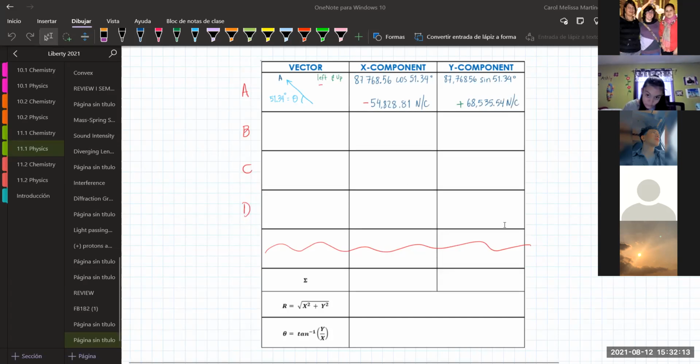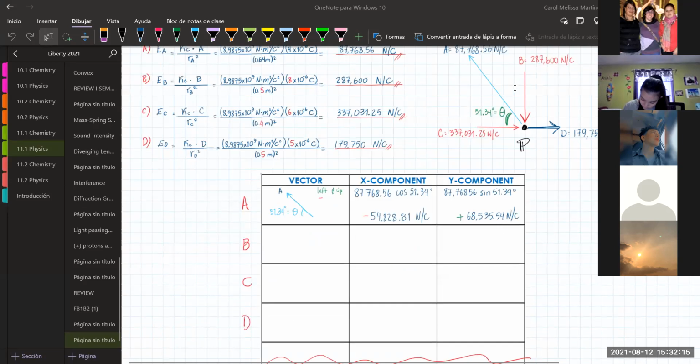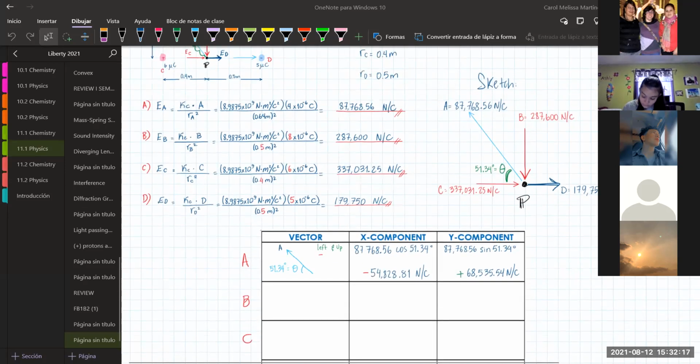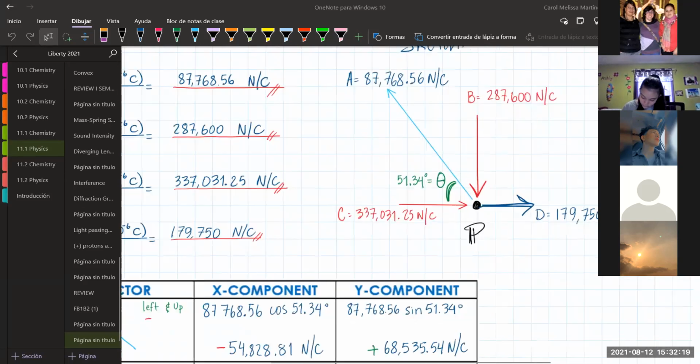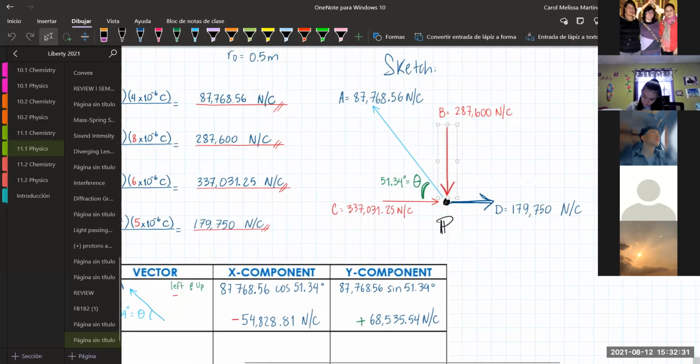I finished the first vector, I go with the second vector. Take a look, where the vector is located, but where the vector is going. The vector is located up, above, but the direction of the vector is down. This is what really matters.